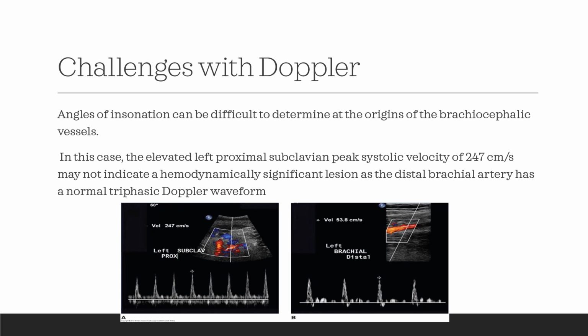So angles of insonation can be difficult, especially at the brachiocephalic because of its location posterior and inferior to the clavicle. In this case, the elevated left proximal subclavian peak systolic velocity of 247 centimeters per second may not indicate a hemodynamically significant lesion. It could be due to the abnormal access that we have to the vessel itself.